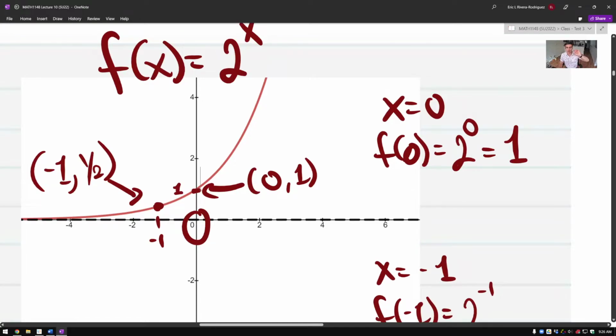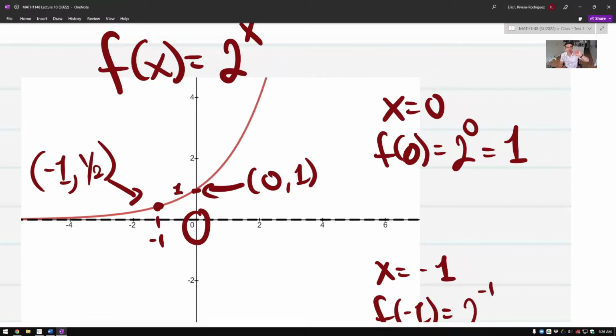Okay, so Timothy, I understood what you said, but the thing is that you only thought of x inputs greater than 1. We can include negative values as the input of the exponential function. The domain of the function is all real numbers. So x is going to be from negative infinity to positive infinity.